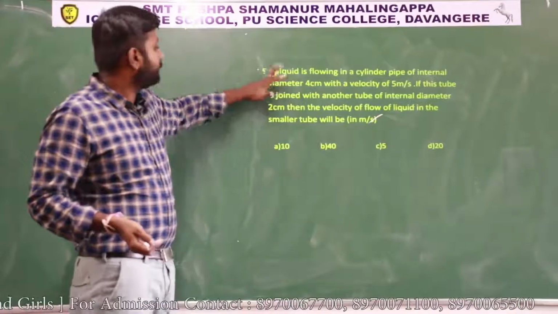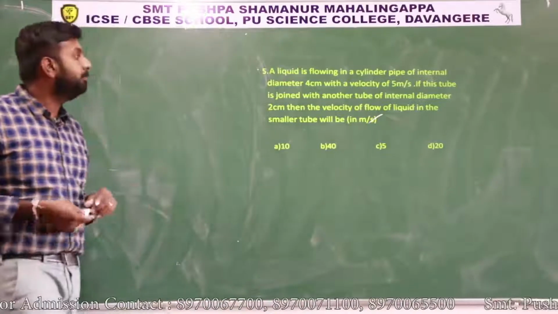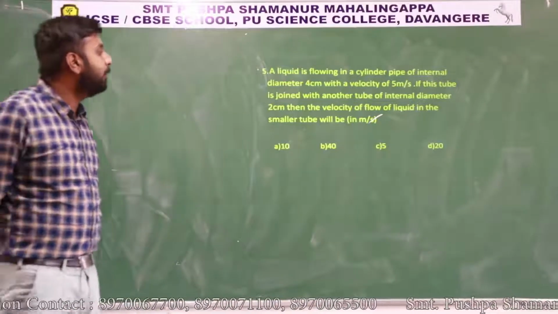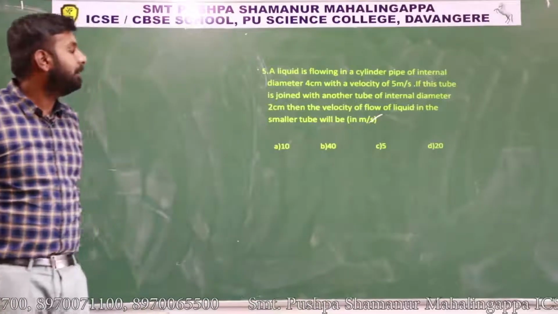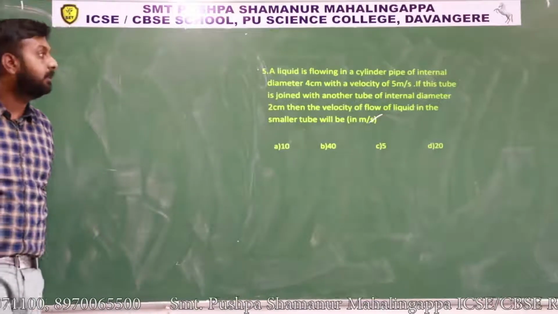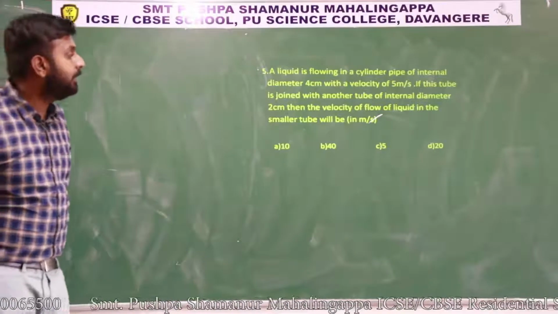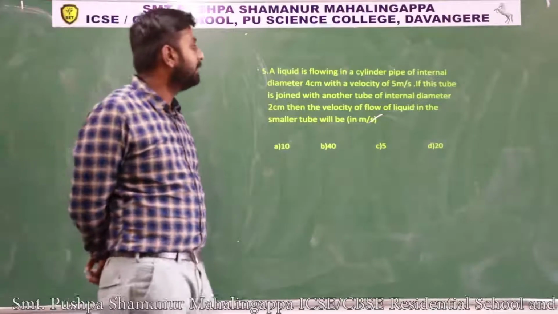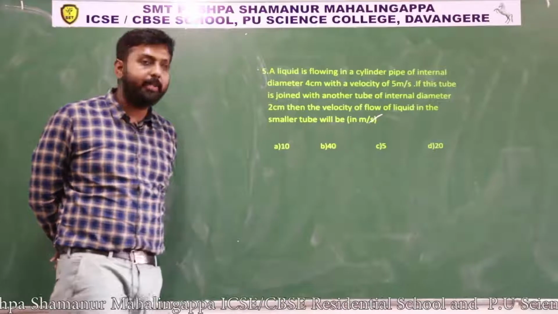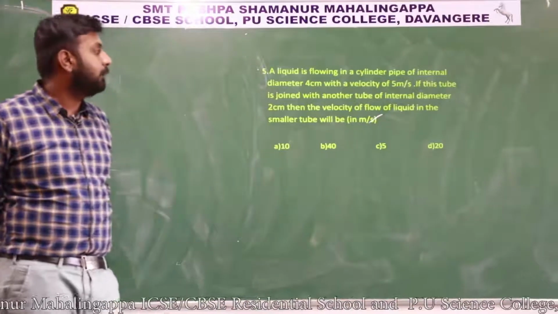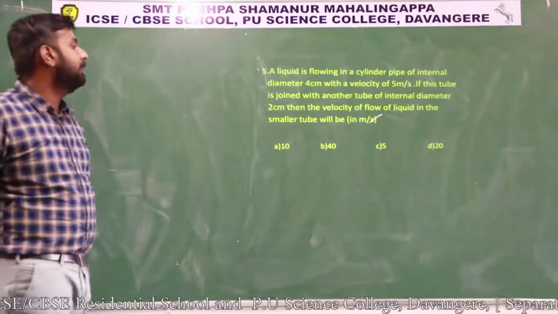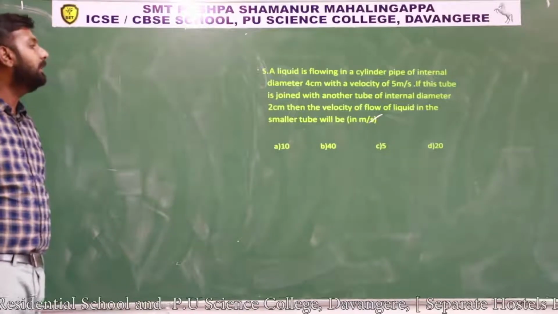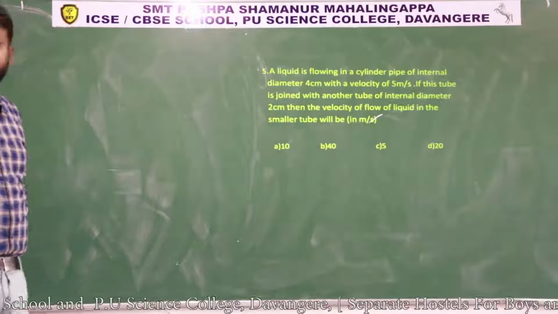Yes. In the next problem, a liquid is flowing in a cylindrical pipe of internal diameter 4 centimeter with a velocity of 5 meter per second. If this tube is joined with another tube of internal diameter 2 centimeter, then the velocity of flow of liquid in the smaller tube will be.